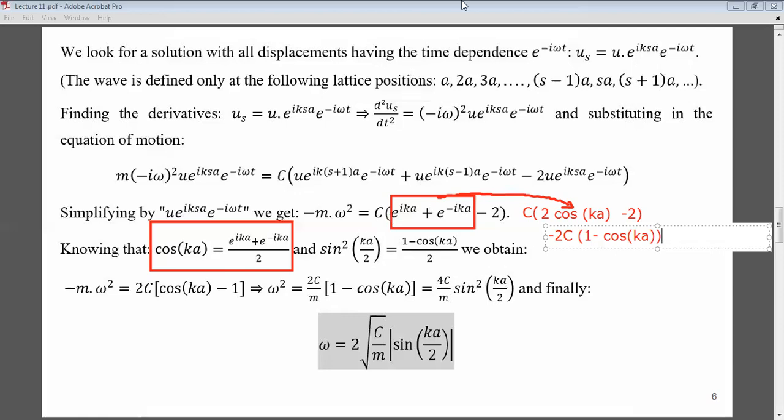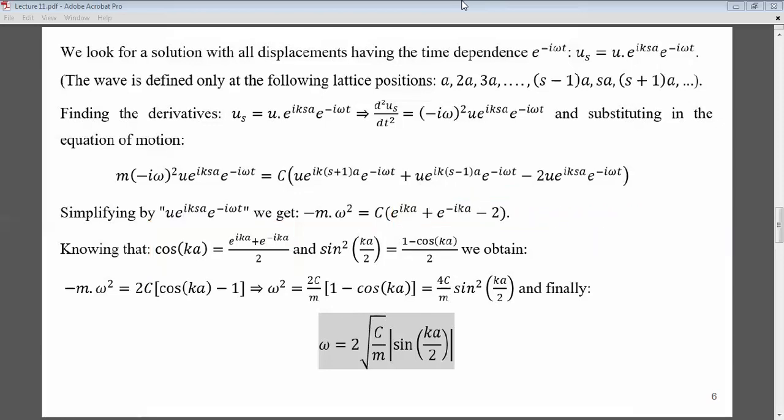Okay, let me show you clearly how this happened. So I have 2C over m times 1 minus cosine ka, right? But what do I have here?